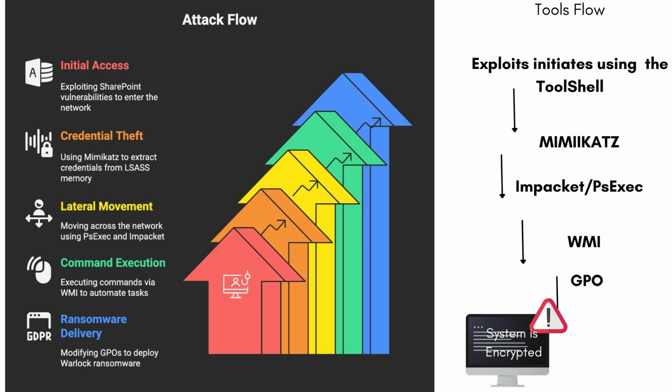With those credentials, they move freely through the entire building using tools like PsExec and Impacket, and activate the building's internal management system using Windows Management Instrumentation, and ultimately trigger a building-wide alarm system by modifying GPOs that locks down all vital rooms with their own unique and unbreakable Warlock ransomware. This makes the recovery extremely challenging.